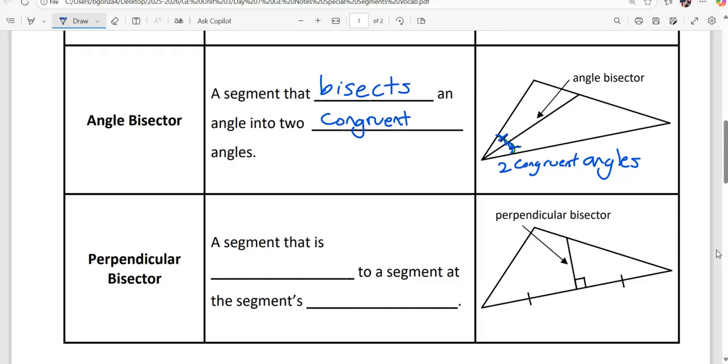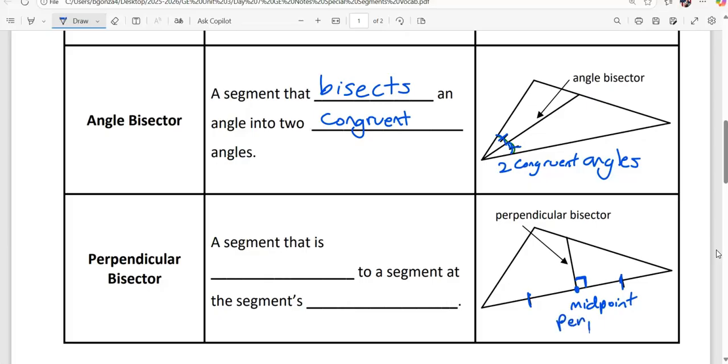Now, this last one's also a bisector, which means what? Cut into equal parts. But instead of cutting the angle in half, now it's cutting the segment in half. That's what a bisector means. So when it says bisect, that means that this is a midpoint. And since it says the word perpendicular, it's got to have a right angle.